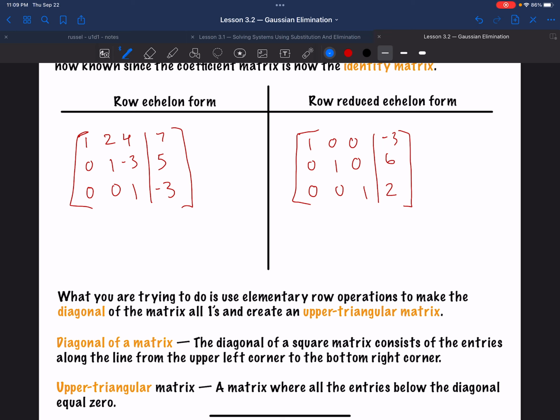Whereas finding the identity matrix is row reduced echelon form. That's true Gaussian elimination. In fact, I might even add that thing is the identity matrix. That's what that is. That little row of ones, yeah.